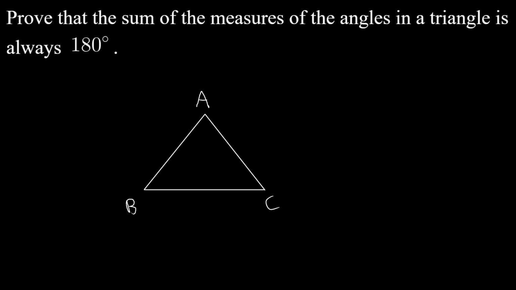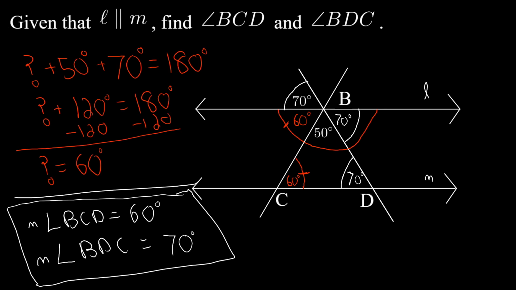If we look at what we did on the last problem, that seemed to give us a direction to go in, because one of the things we saw was that the three angles add up to 180 because of these parallel line facts that we were using. So if we can utilize these same ideas, then maybe we can prove the same result.